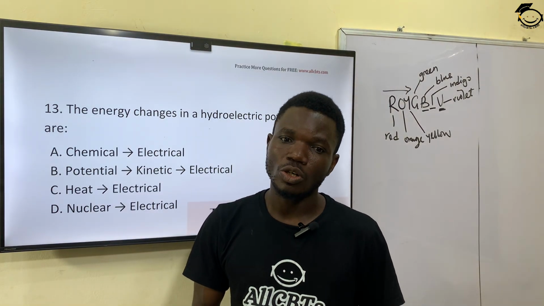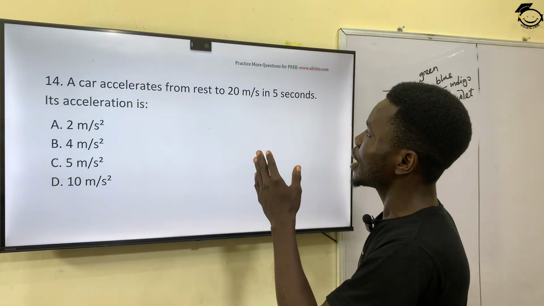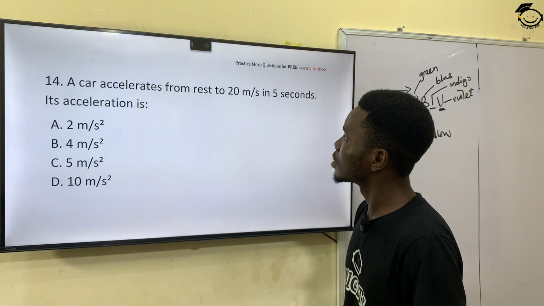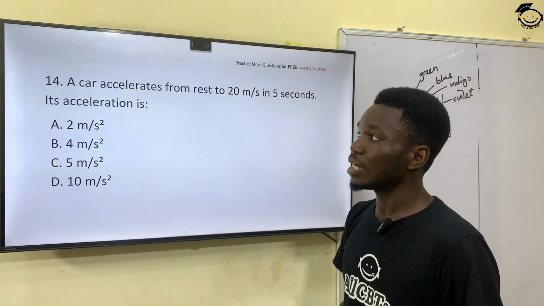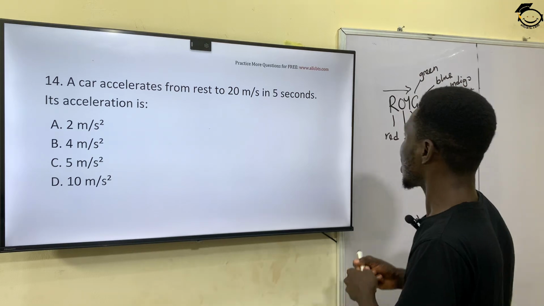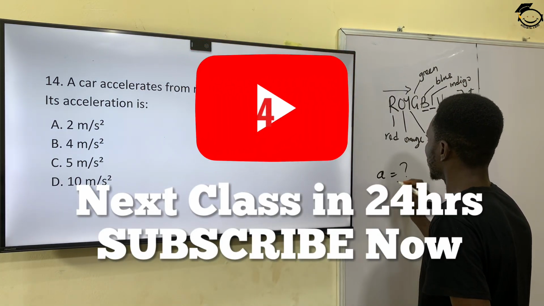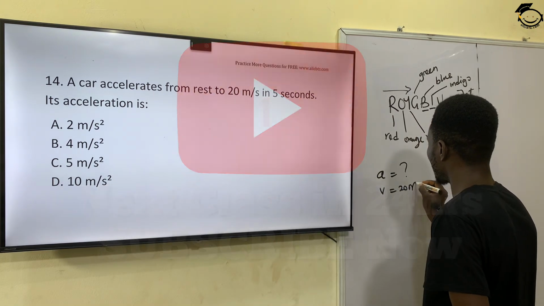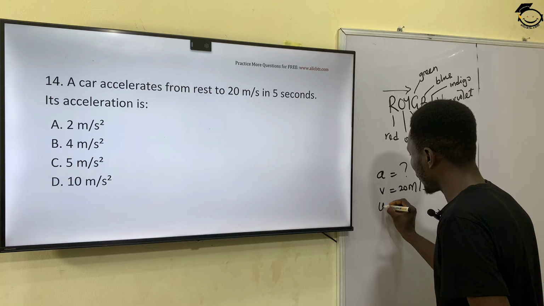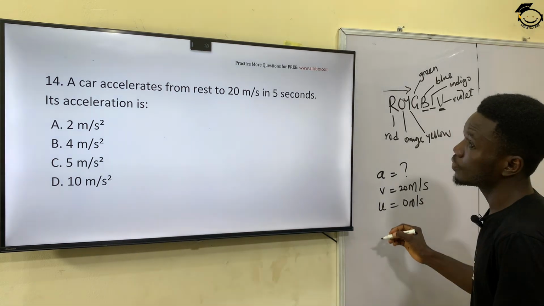So that is also question number 14. We say a car accelerates from rest to 20 meters per second in 5 seconds. Its acceleration is dash. So we know that acceleration is unknown. They gave us the final velocity as 20 meters per second. The initial velocity is 0 because we are told that the car accelerates from rest.